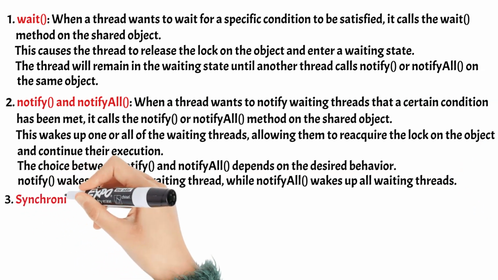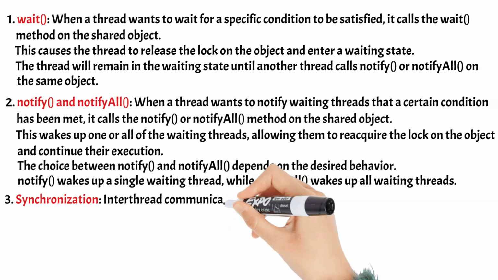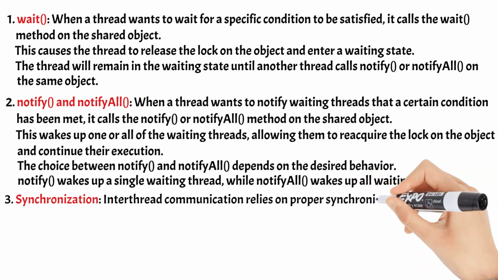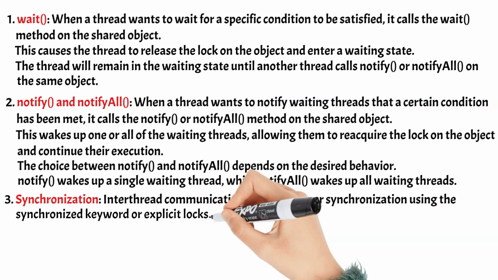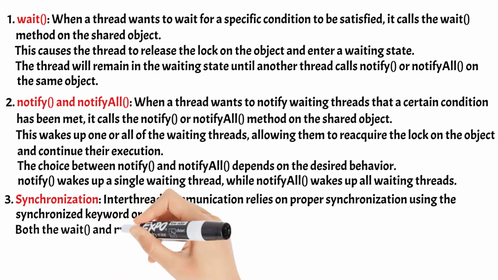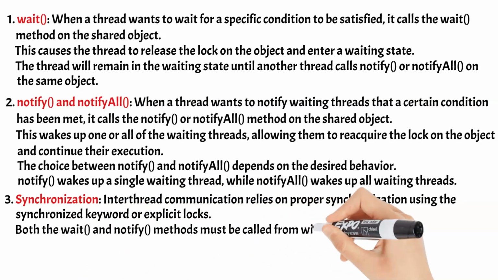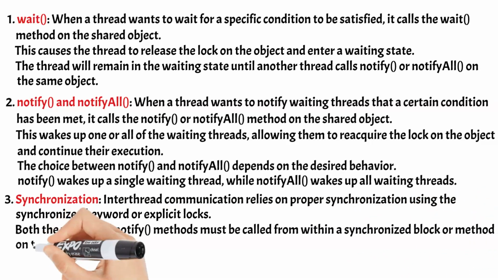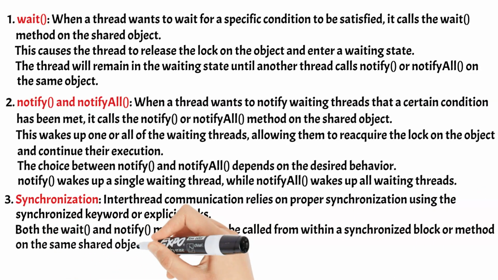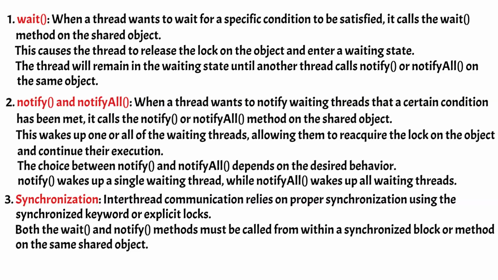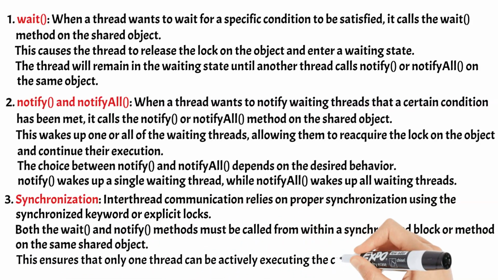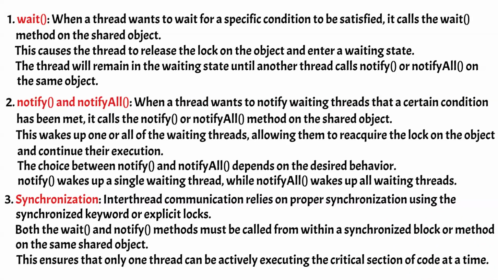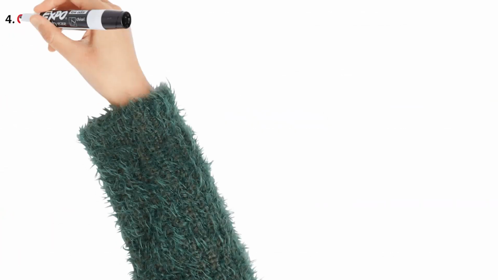3. Synchronization. Interthread communication relies on proper synchronization using the synchronized keyword or explicit locks. Both the wait and notify methods must be called from within a synchronized block or method on the same shared object. This ensures that only one thread can be actively executing the critical section of code at a time. 4.